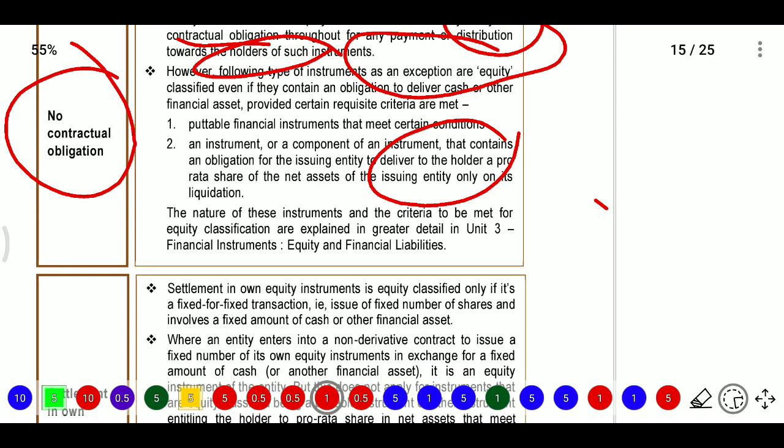These are all exceptions for equity. The nature of this instrument and the criteria to be met for equity classification, and the greater detail, we will deal with in unit 3. This nature will be equity, but it will be recorded in a different way. We will discuss it in unit 3.